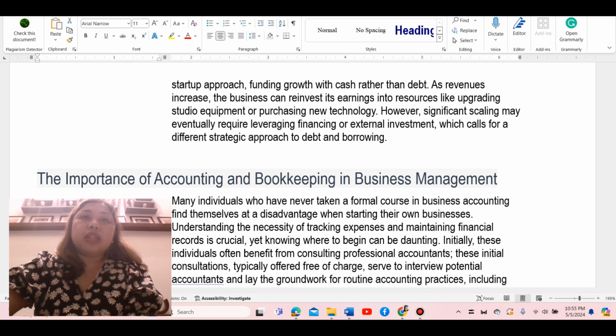As revenues increase, the business can reinvest its earnings into resources like upgrading studio equipment or purchasing new technology. However, significant scaling may eventually require leveraging, financing, or external investment, which calls for a different strategic approach to debt and borrowing.